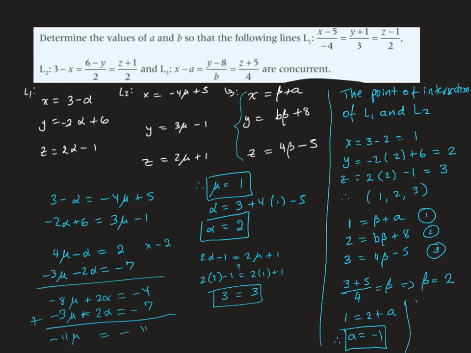So b should be 2 minus 8 divided by beta, which is 2. So that is minus 6 divided by 2, which is minus 3. b is minus 3. So there you go. We found the values of a and b so that the three lines are concurrent. That means the three lines are intersecting at the same point.